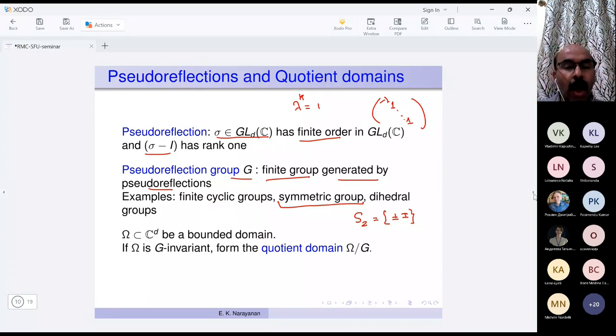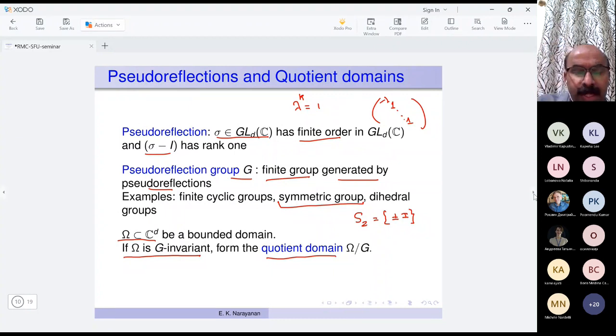So you take a bounded domain omega in C^d. Now we are in several variables. If omega is G invariant, where G is a finite pseudo reflection group, if G acts on omega, then you can form the quotient domain, right? So these are the domains we are interested in.